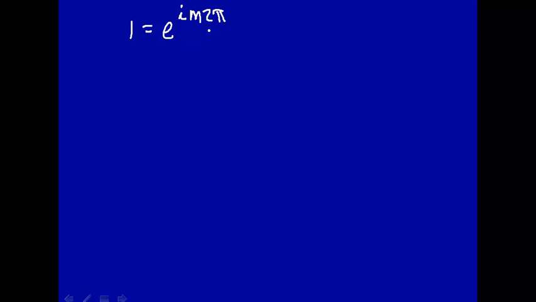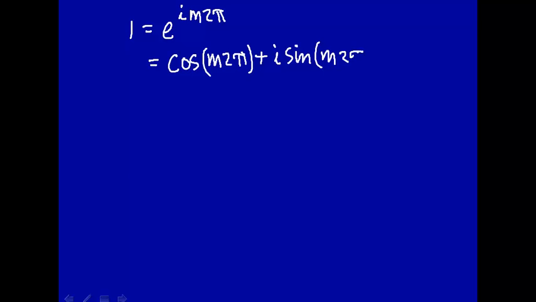All right. Let's use the Euler relation. So e to the i m 2 pi is equal to cosine of m 2 pi plus i sine of m 2 pi.